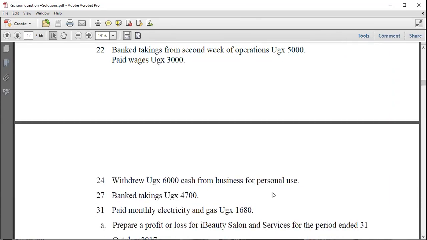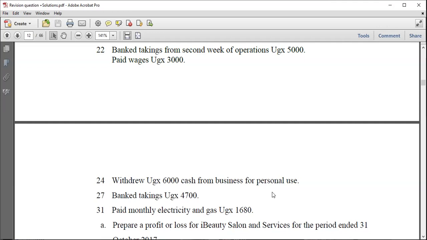Okay. And then they are saying the owner withdrew UJX 6,000 cash from the business for personal use. Remember we talked about the business entity concept.